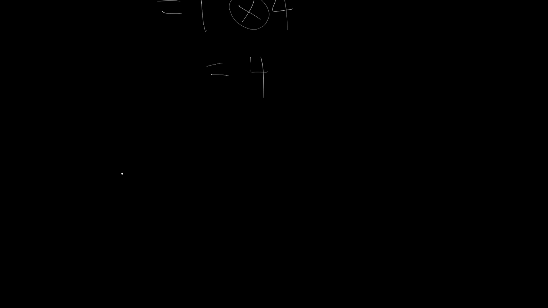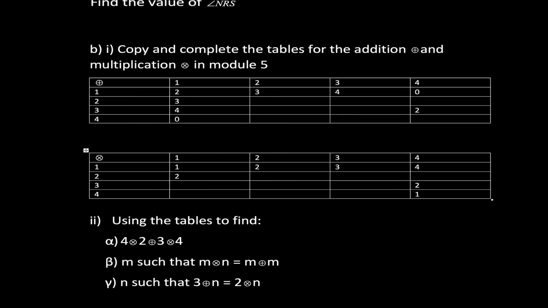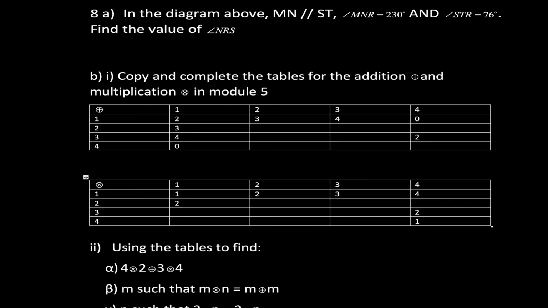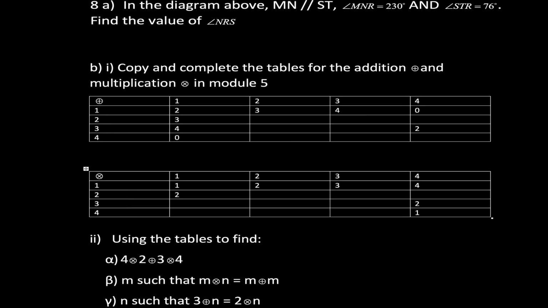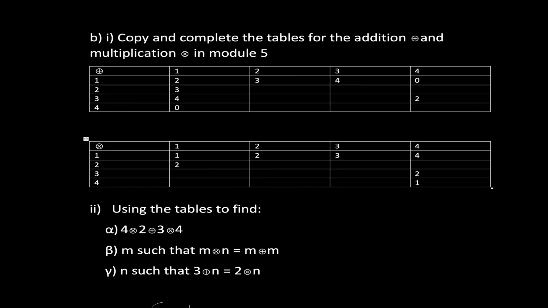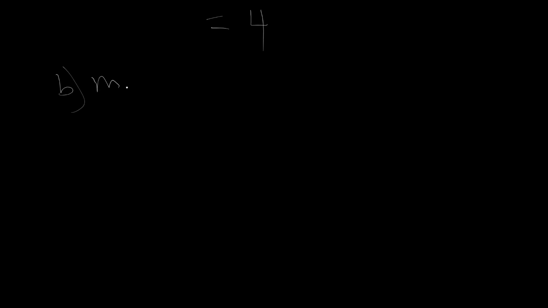So moving on to the B. m is such that m times n is equal to m plus m.